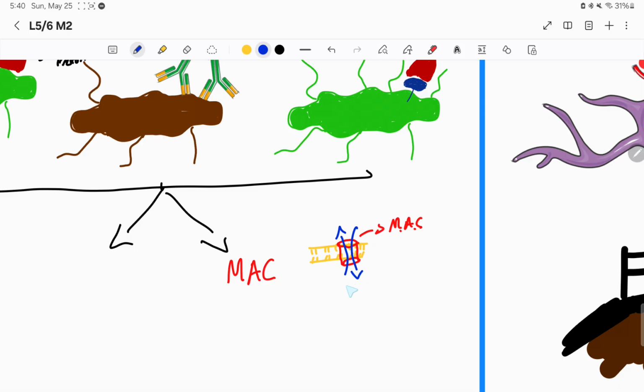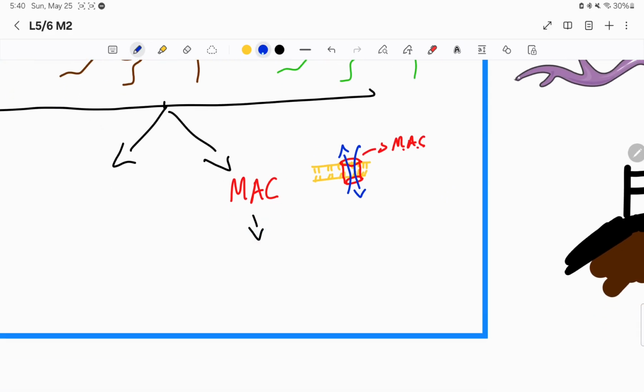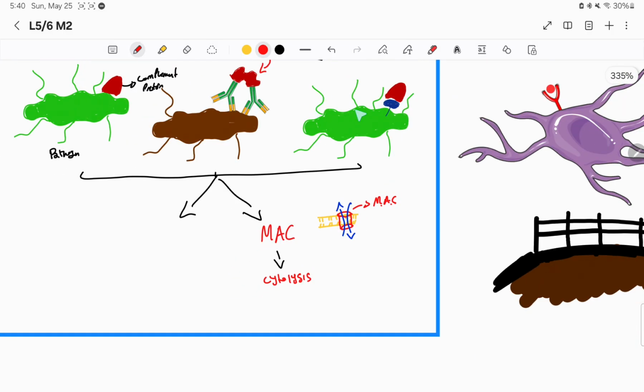And this is not good because a membrane is there for a reason, and if I just start punching holes all over this membrane, then I'm going to really damage this microorganism, okay? And it can lead to its death, which is called cytolysis, okay? So that's how these complement proteins can kill these bacteria. They can assemble together and form the membrane attack complex.